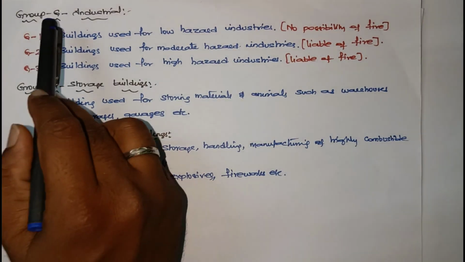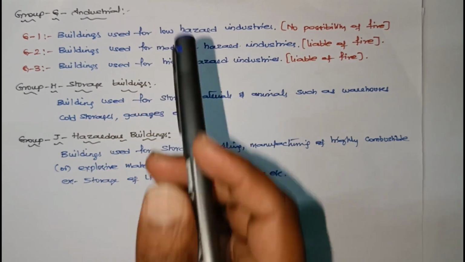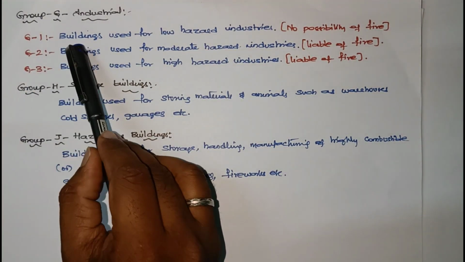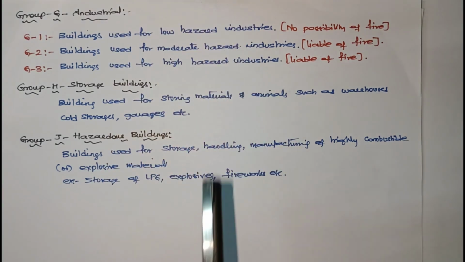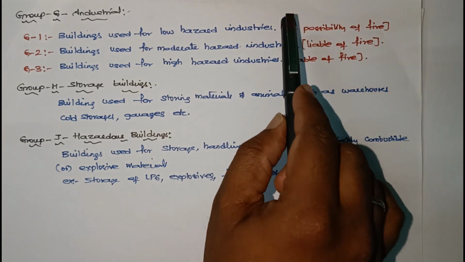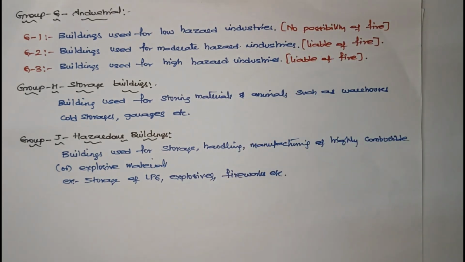Coming to group G, that is industrial buildings. There are three categories. Buildings which are used for low hazard industries. What it indicates is low hazard means no possibility of fire occurring inside the building, but there may be a chance of fire getting inside the building from outside.